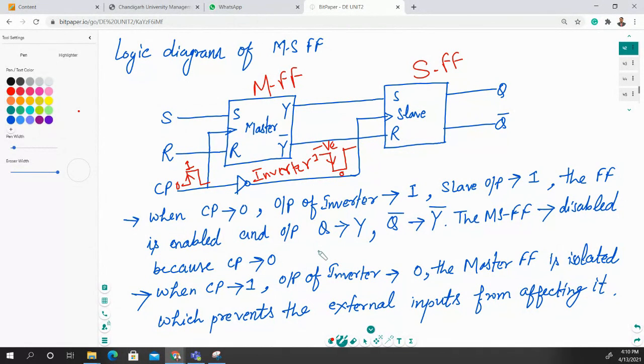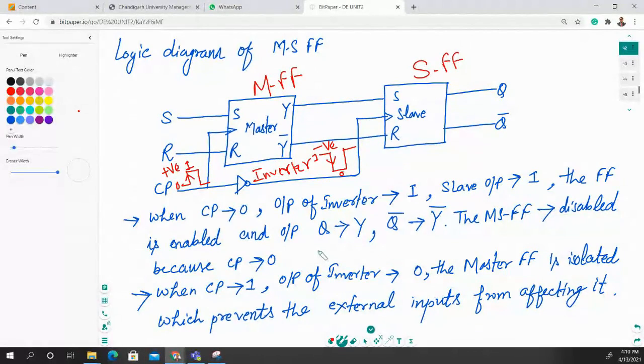We call it a negative trigger pulse, and the other one is called a positive trigger pulse. So I have explained the working of this particular flip-flop: when you provide the input signal and a positive going pulse, it will provide the output as Y and Y bar. And when you apply the negative trigger pulse to the slave type of flip-flop, it will give the output.